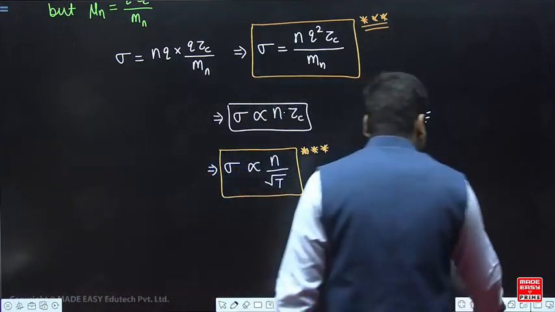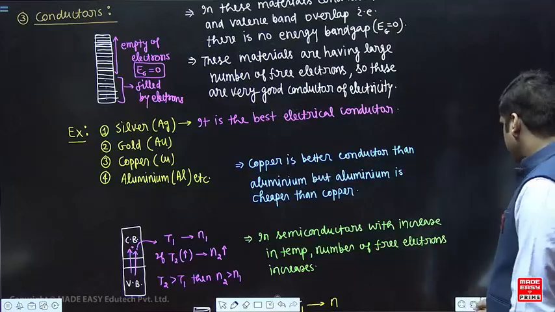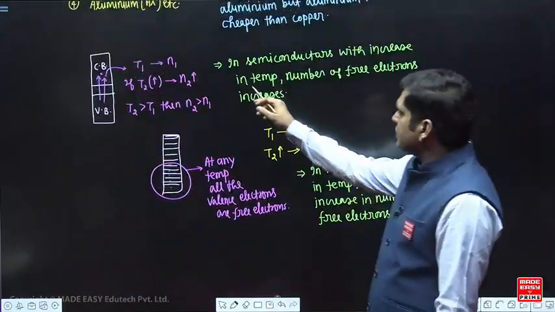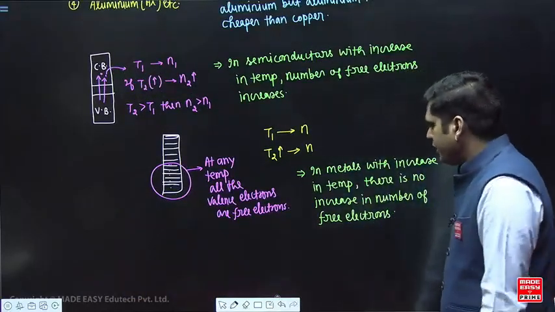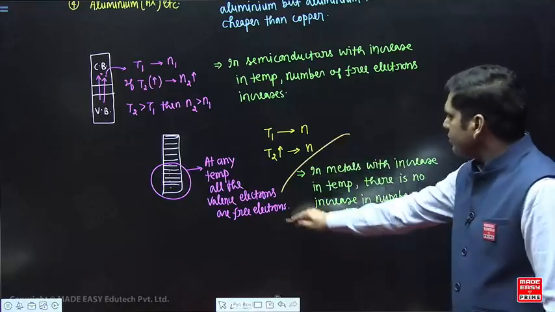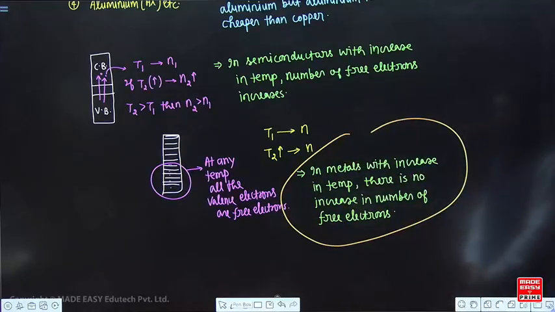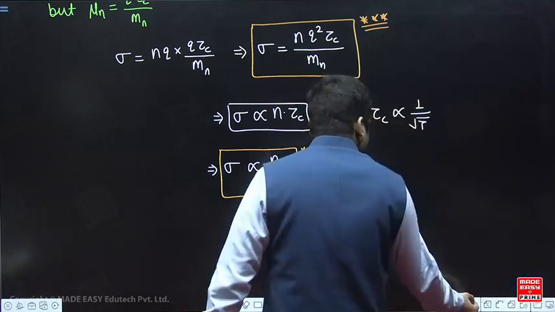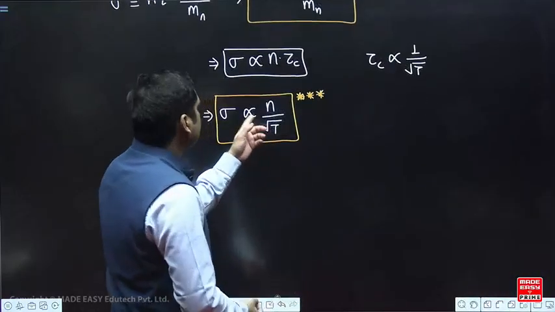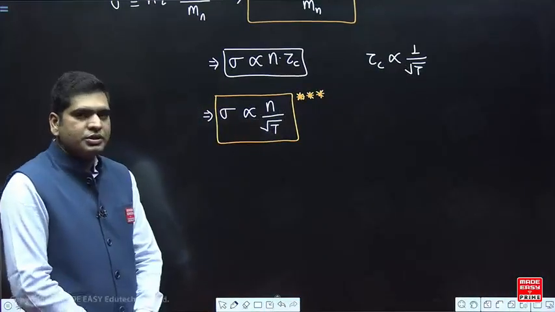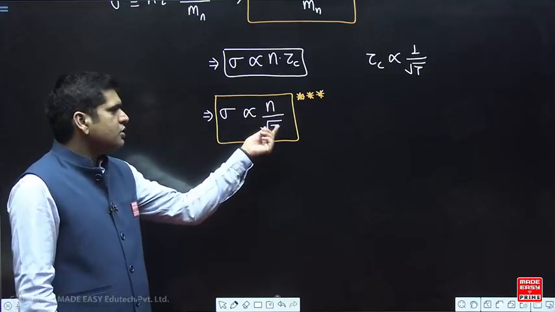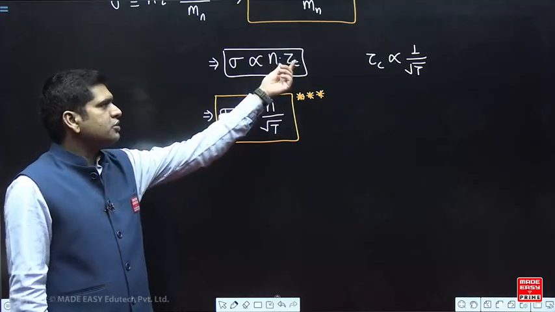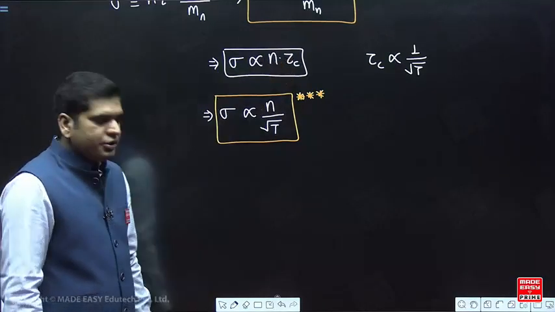In yesterday's class I told you that on increasing temperature, electrons will increase in semiconductors, but in metals there is no increase in the number of free electrons. It means n will remain constant. But if you increase temperature, then sigma will decrease. If n is constant and you are increasing temperature, tau c is decreasing, so sigma is decreasing.